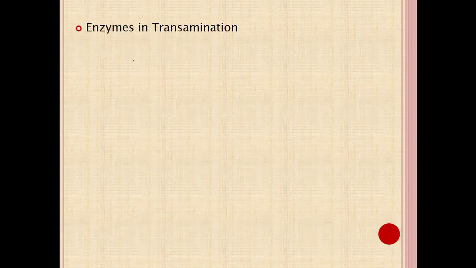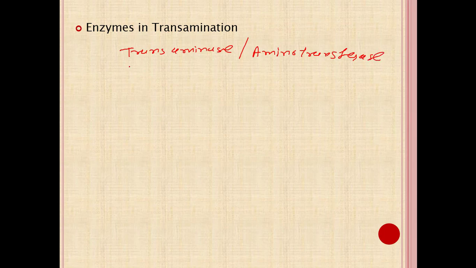Enzymes in the transamination are known as transaminase or aminotransferase. Two major examples of the transaminase are AST and ALT.